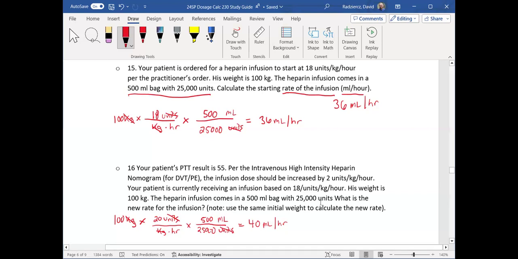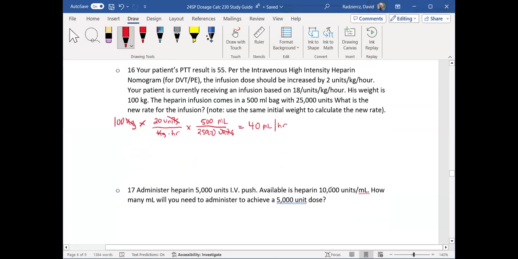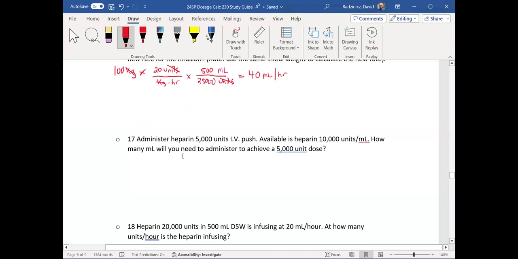Okay. All right. Let's try another one here. Now this is just a different variation. It's telling you that we have 5,000 units IV push. We have available 10,000 units per milliliter. How many milliliters will you need to administer to achieve a 5,000 unit dose?